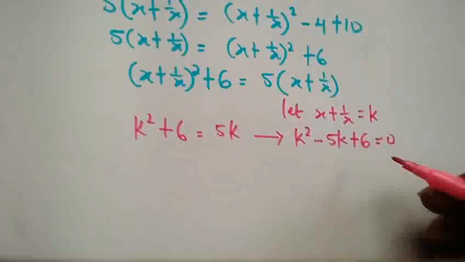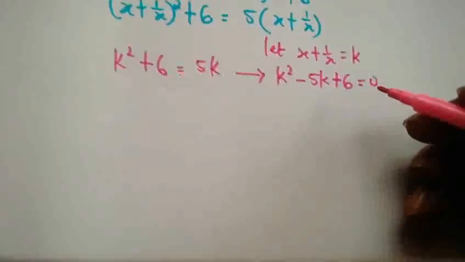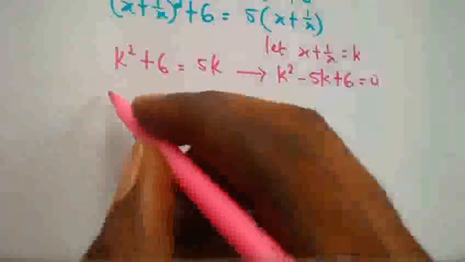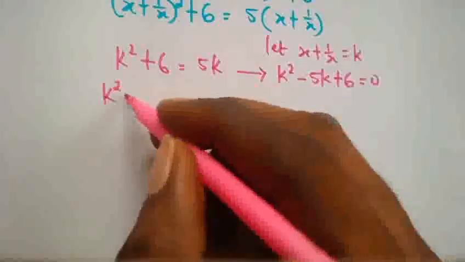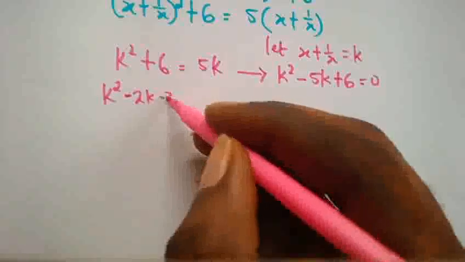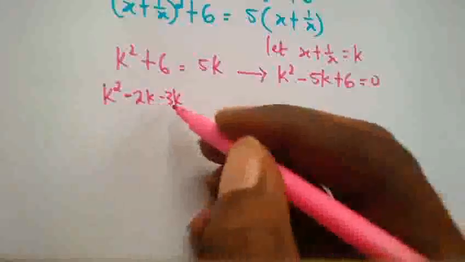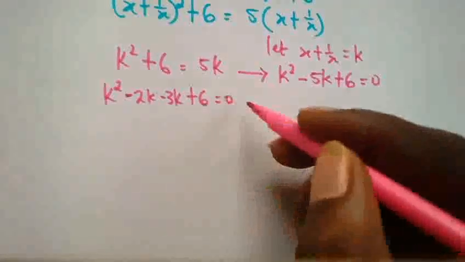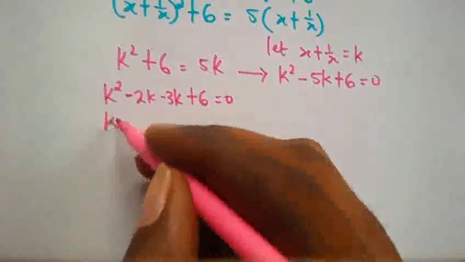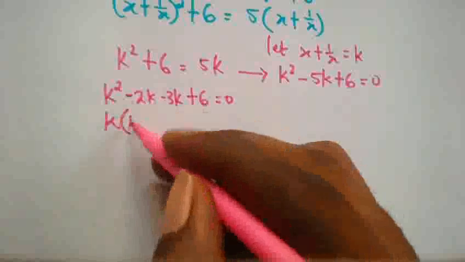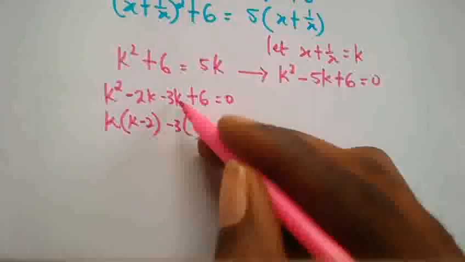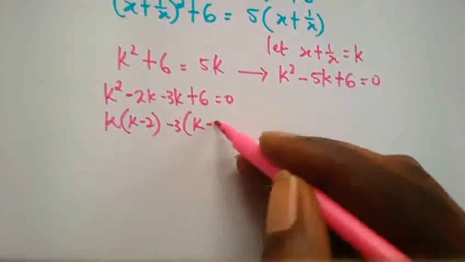This equation is factorizable. How do I factorize it? I'm going to write negative 5k as follows: k squared minus 2k minus 3k, so minus 2k minus 3k is negative 5k, then plus 6 is equal to 0. From here I'm going to factorize, so I have k factored out here, so we are left with k minus 2, then minus 3 should be factored out here, so I have k minus 2.